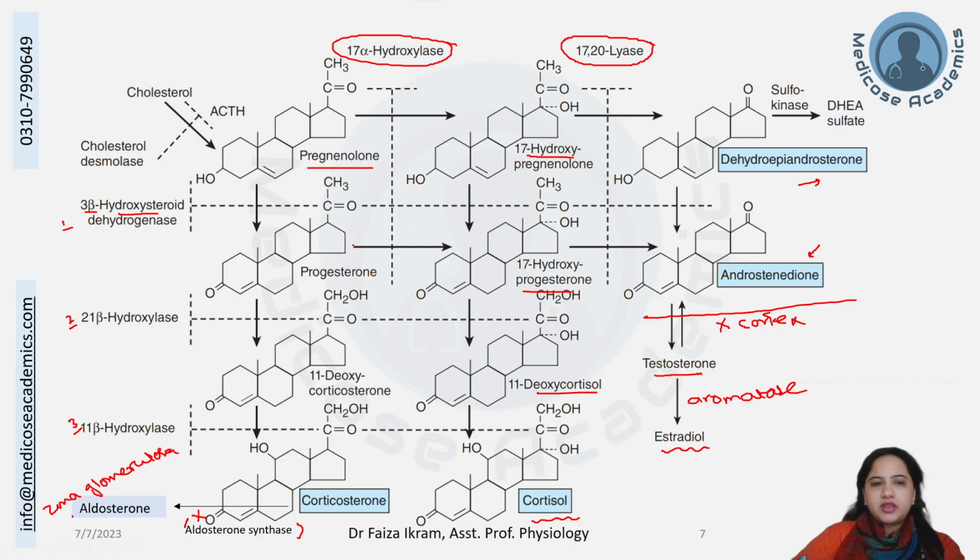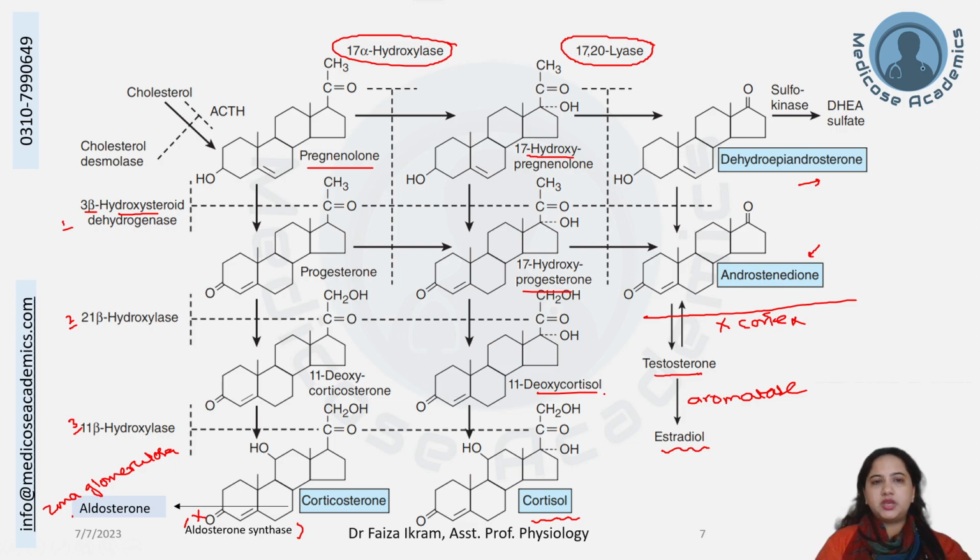If you don't find it easy to remember all the intermediary substances, that is perfectly fine. But keep a mind map. Starting from cholesterol, pregnenolone, downwards you go mineralocorticoids, rightwards glucocorticoids, further rightwards androgens. But you need to remember the enzymes involved: 17 alpha hydroxylase, lyase, dehydrogenase, then hydroxylases. Why?